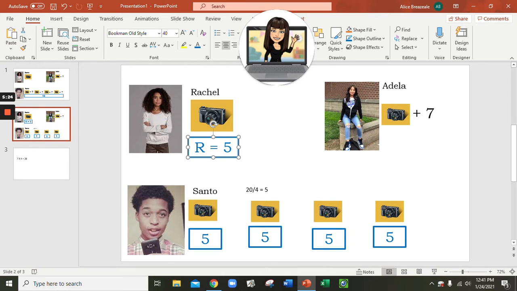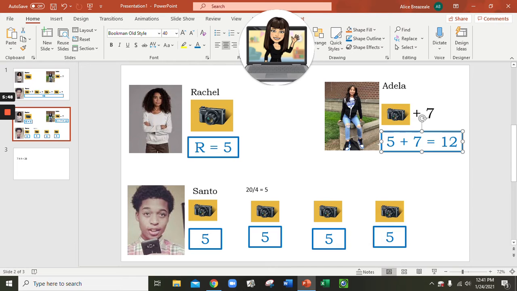And if Adela took 7 more pictures than Rachel, this represents 5. So we could just simply say 5 plus 7 equals 12. Okay, so we see how many she took.